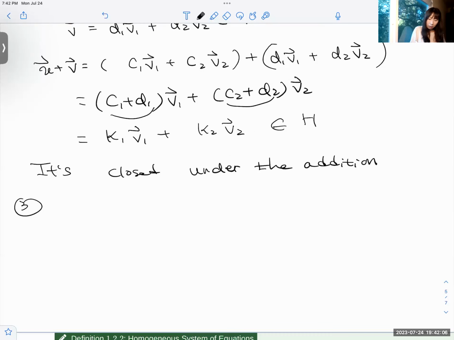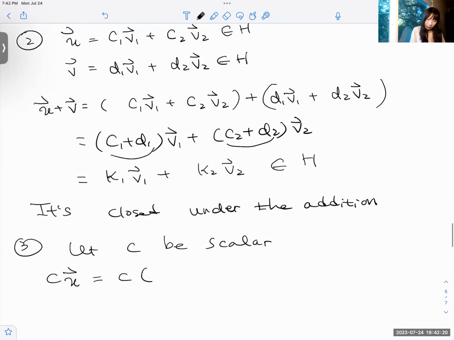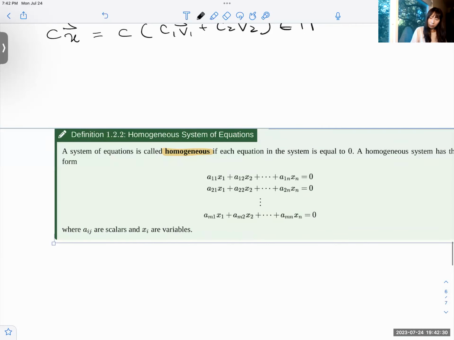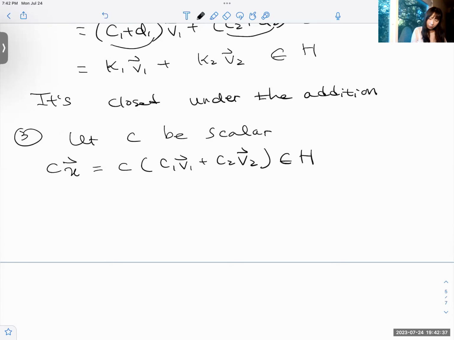Number 3. Let's see the scalar. We have CU, which is C1 V1 plus C2 V2 in H. Let's distribute. So C sub 1 V1 plus C sub 2 V sub 2.